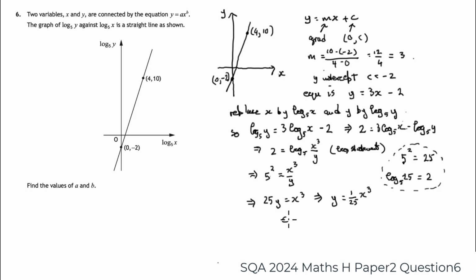And the reason I'm doing that is because we're asked to find a and b when the equation is written in this form, ax to the power b. And you can see therefore that a is 1/25 and b is equal to 3. So that's one way of solving this. There are other ways.